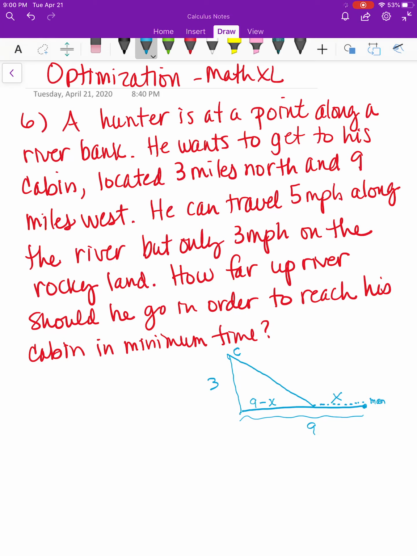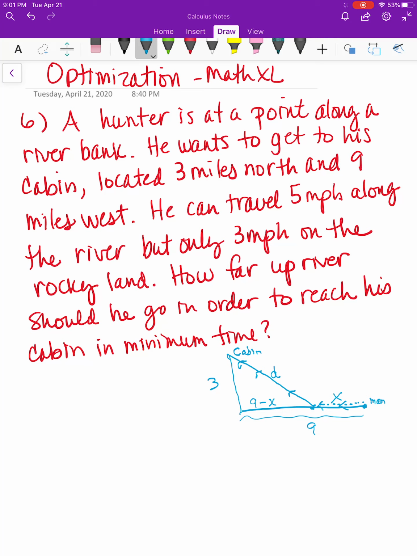So we need to write a time equation. And they actually said how far up the river should he go. This is where the man starts. So that's the man, that's his starting point. So they're actually asking for this x value. So that would make this 9 minus x.